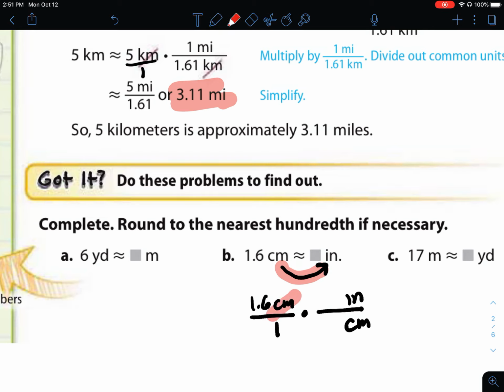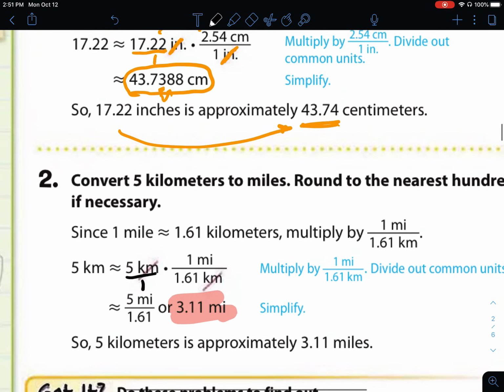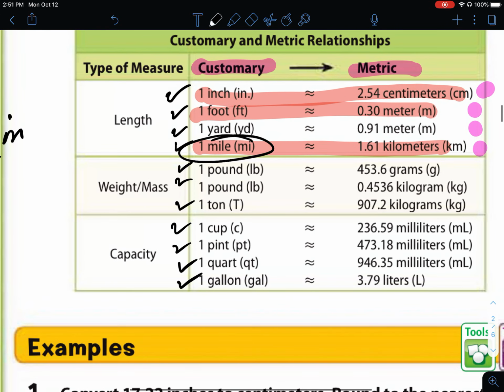Why is that? Because we want to be able to cancel out the centimeters, and only the inches unit will be left. So we go back to our table and see the relationship of inches and centimeters.